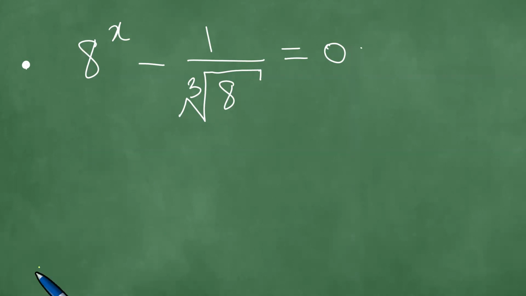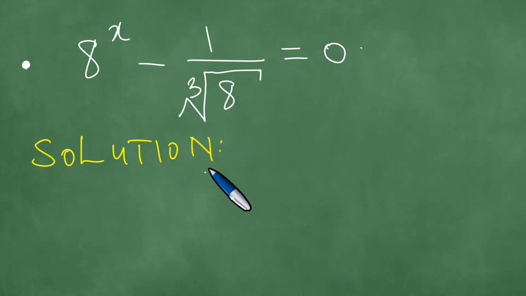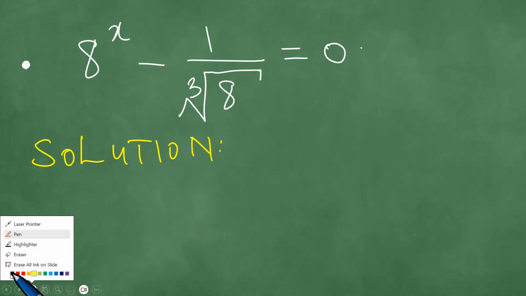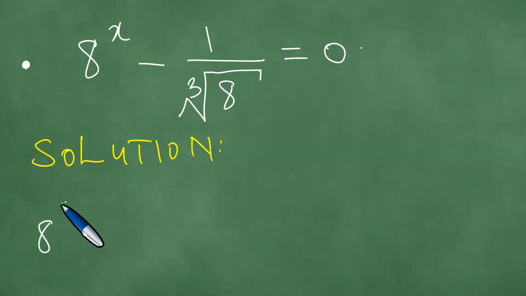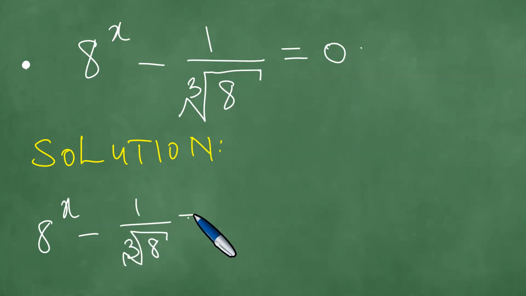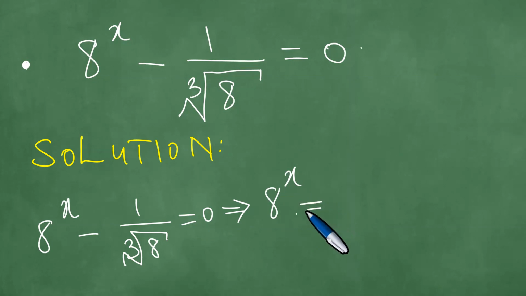Let's check quickly. Look at the solution to this. Listen to your other friends if you have a question. We shall have more one-on-one sessions also during the week in the evenings. So this is a to the power x, but you move this one to the other side.